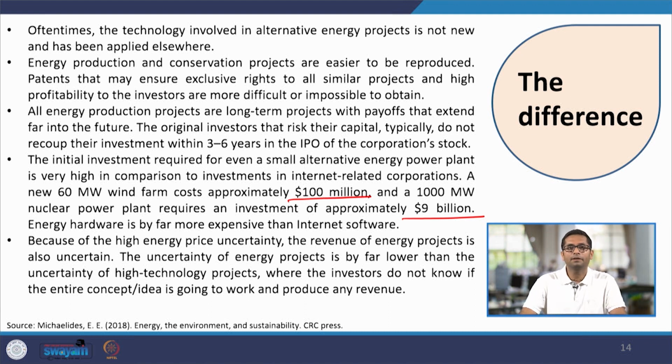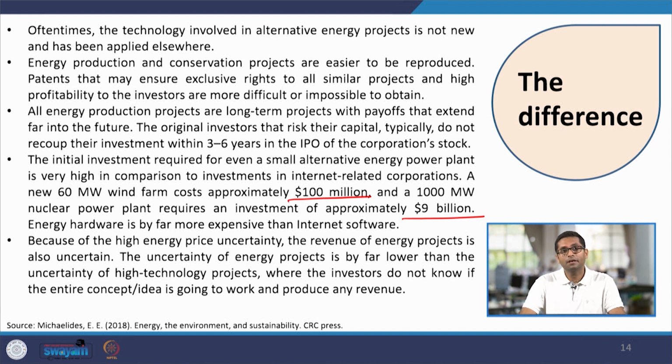Further, as compared to the earlier case, where most of these companies could come up with an IPO or realize the capital in 3 to 6 years, this is quite difficult for a renewable energy based project, because the typical life would span from 30 to 40 years or even more.